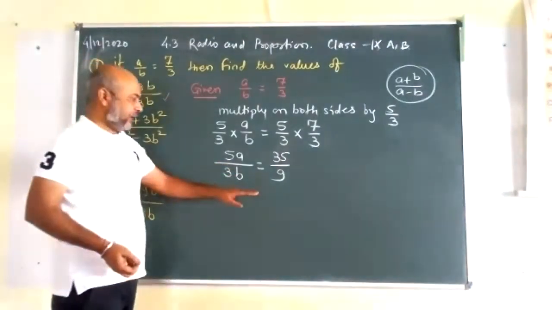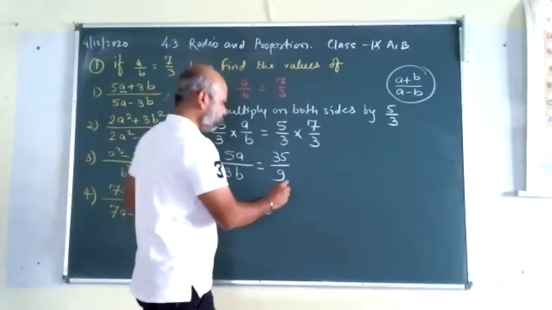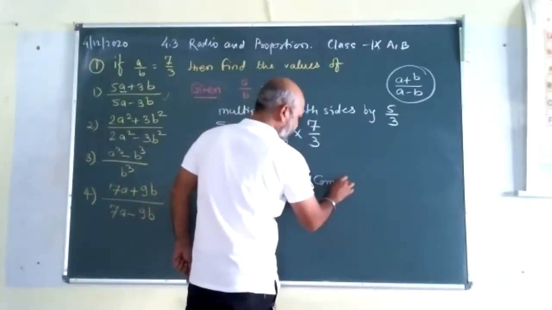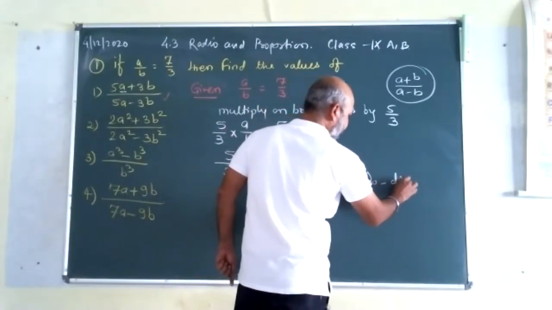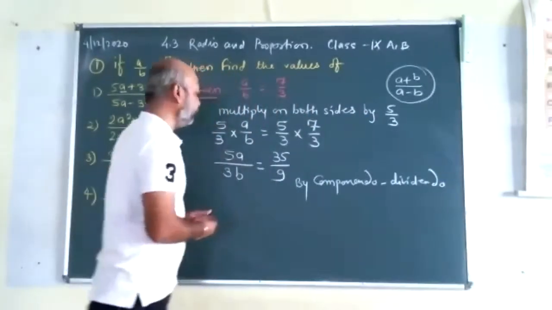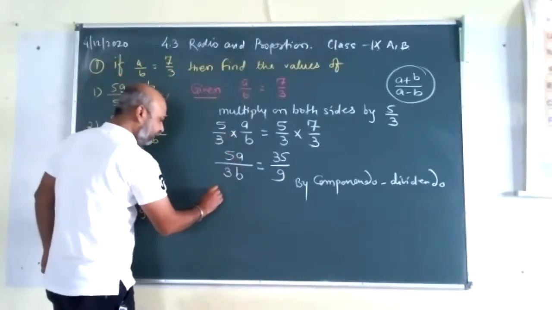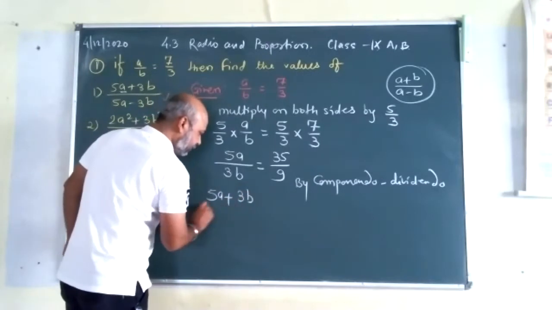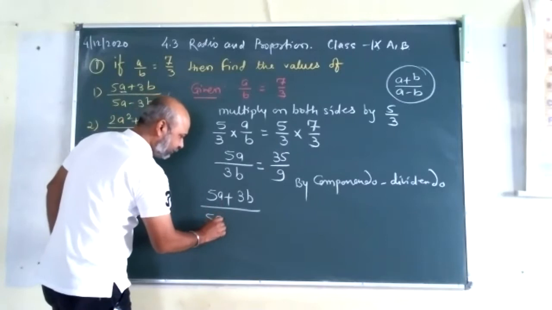So when you apply here the property componendo dividendo, you will add 3B to 5A, so 5A plus 3B, and you will subtract 3B from 5A, so you get 5A minus 3B.